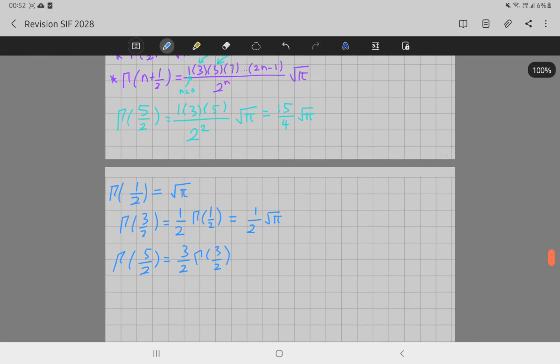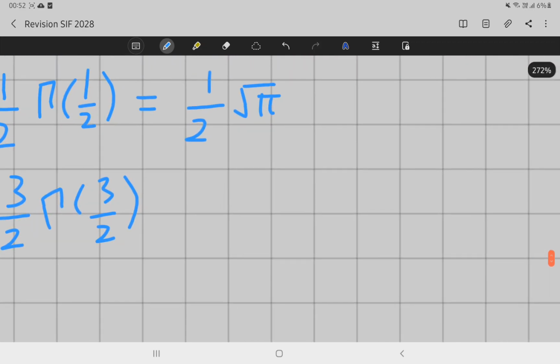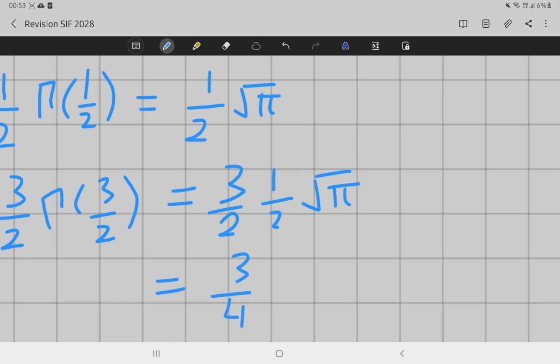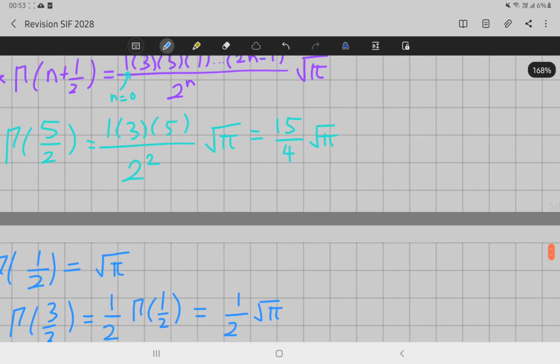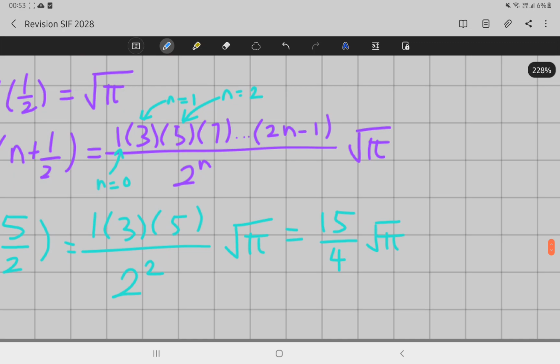Okay, I think I'm making a mistake over there. So gamma 3 over 2 is 3 over 2 times half of gamma, square root of pi, which is 3 over 4 square root of pi. So it is not consistent with our result. Okay, so I need to adjust this.